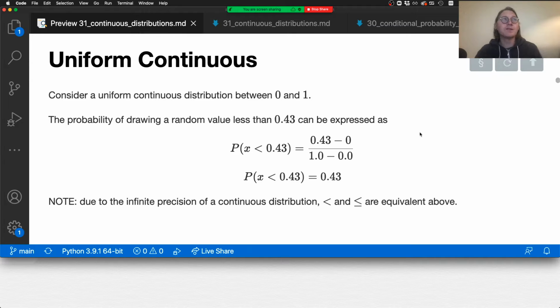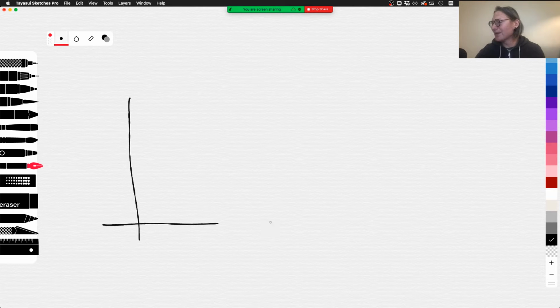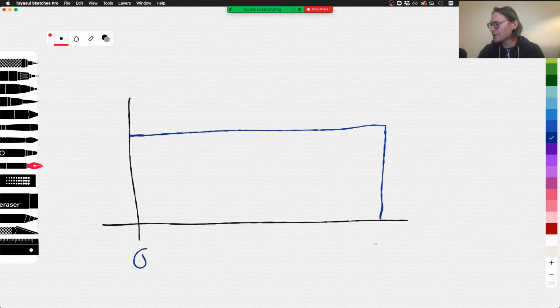Okay, so let's just think about a uniform continuous distribution between 0 and 1. So if I'm drawing this, if you see something that looks like this, right? And this is 0, this is 1, or whatever this is.